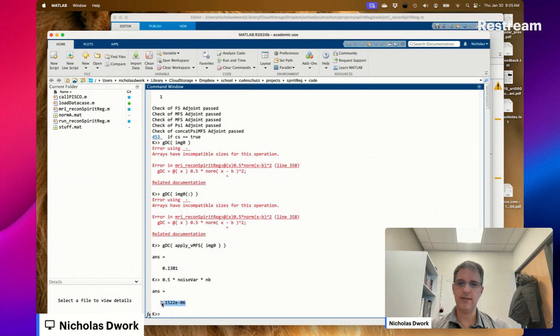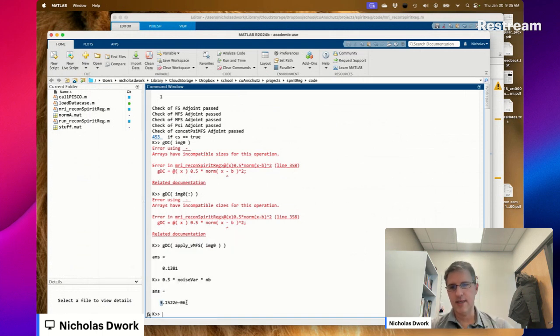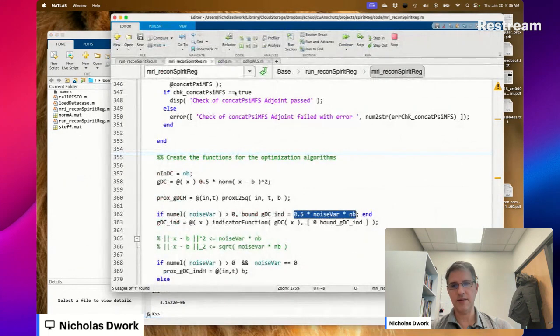Oh, 10 to the 5 too large. 10 to the 5. So when we multiply the bound on the constraint by 10 to the 5, then only then do we start using the compressed sensing objective function.